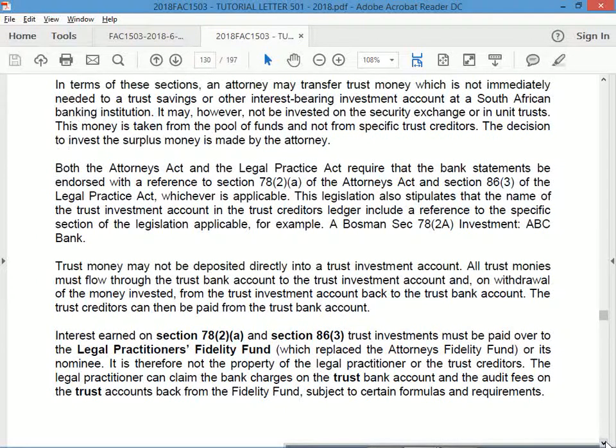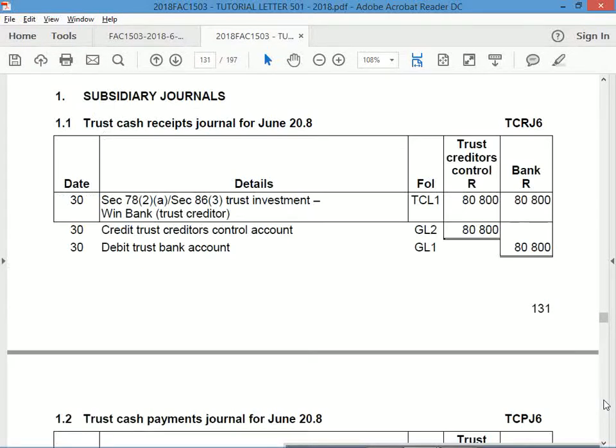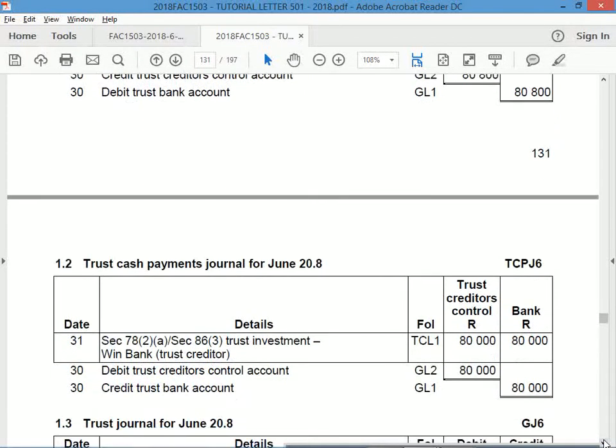The interest earned on 78.2 small a. Let's highlight that, this bit, the one that we looked at last week.